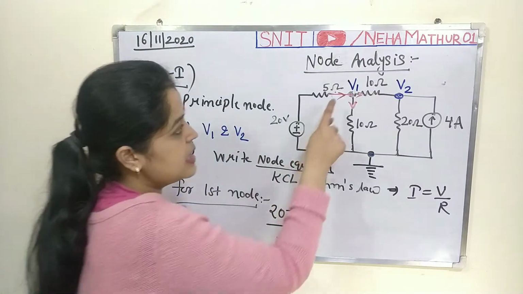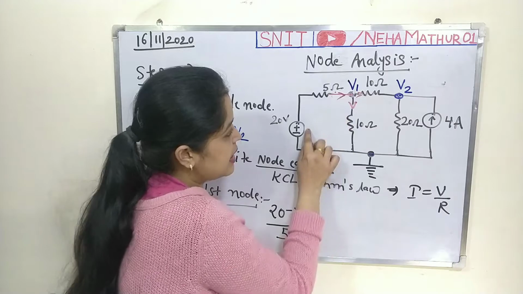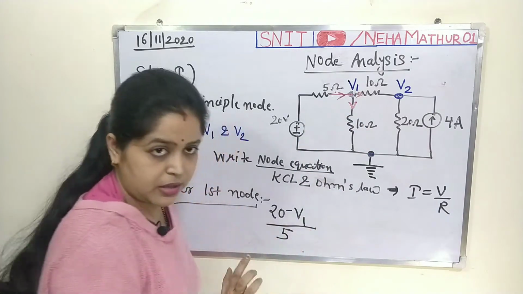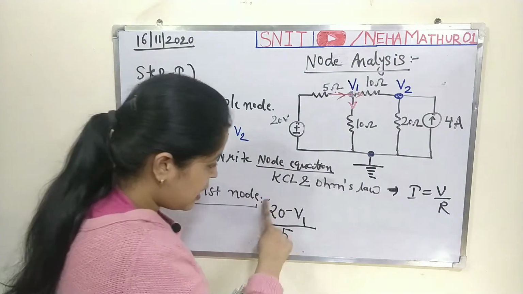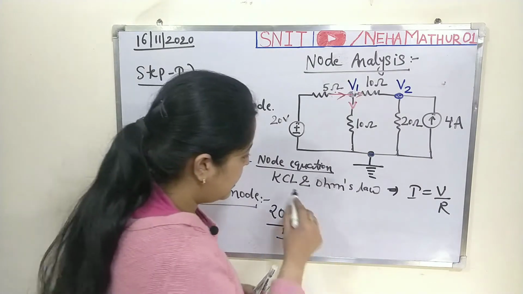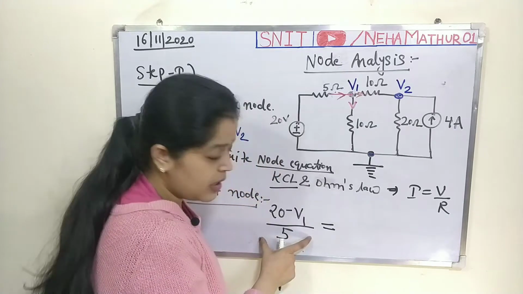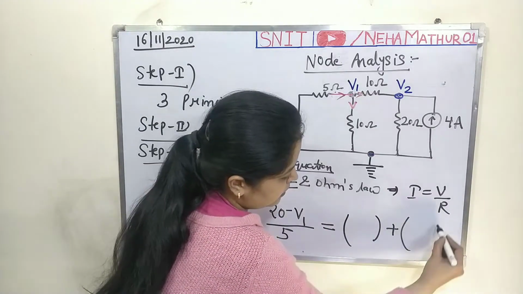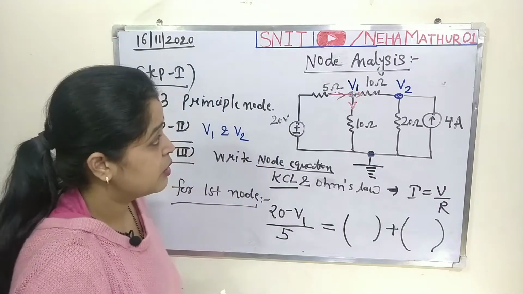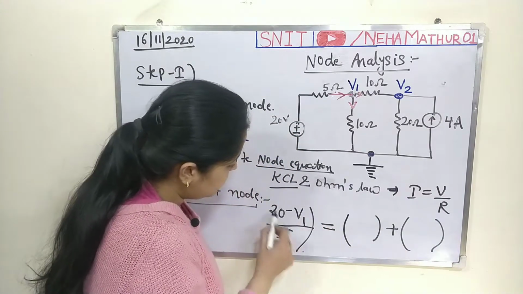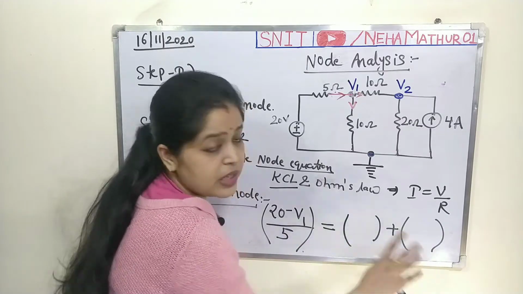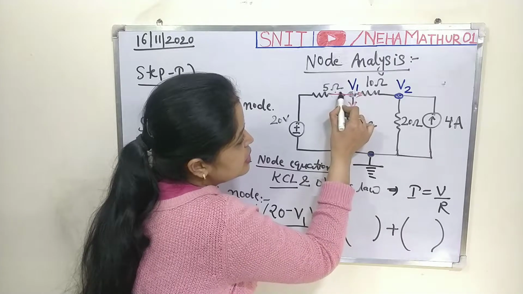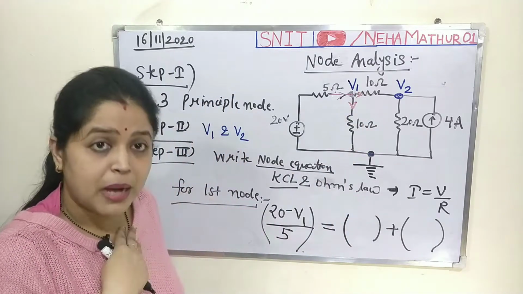So at this node the current is entering from this branch and the current is V by R. And as per the concept of Ohm's law, and according to KCL the leaving current is going to be equal to the entering current. Now what about the entering current? This is your entering current, because the current is entering this node, as per my opinion.